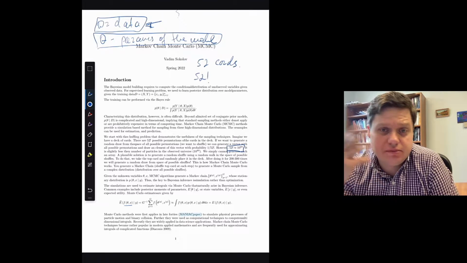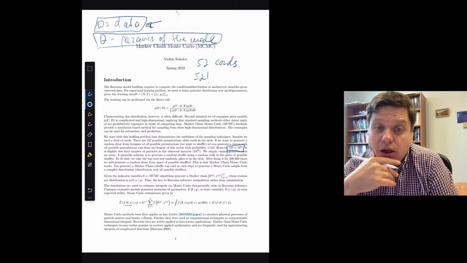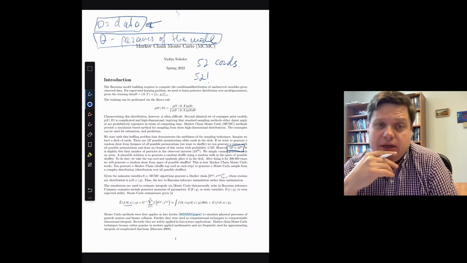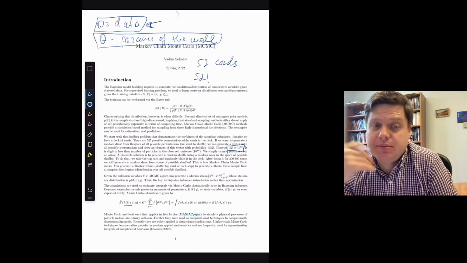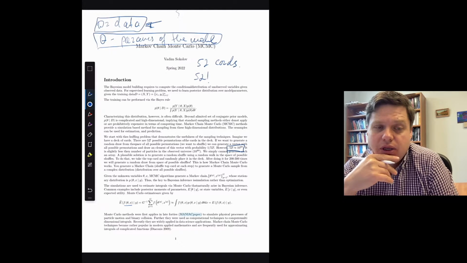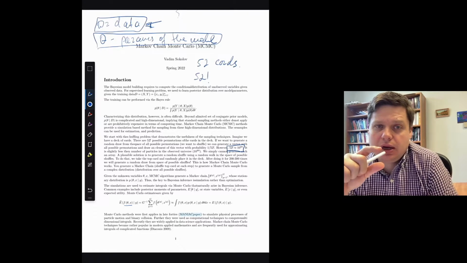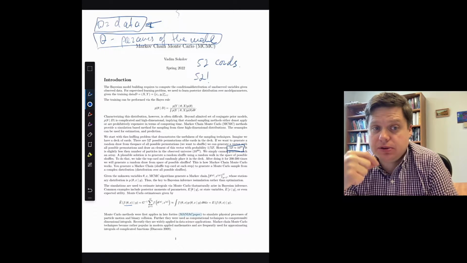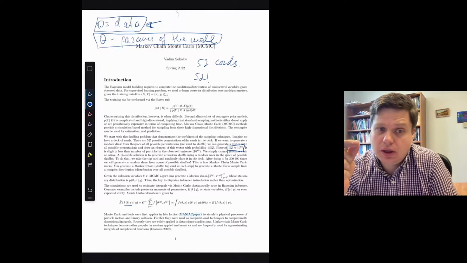Instead of doing this naive approach, we can do what is called Markov Chain Monte Carlo. We can generate random samples of the card shuffles, and we can generate those random samples by using a simple Markov chain approach. So here's how it works. Let's say you take an unshuffled deck of cards, and then you take the top card and generate a number between 1 and 52, and it will be the position of this card.